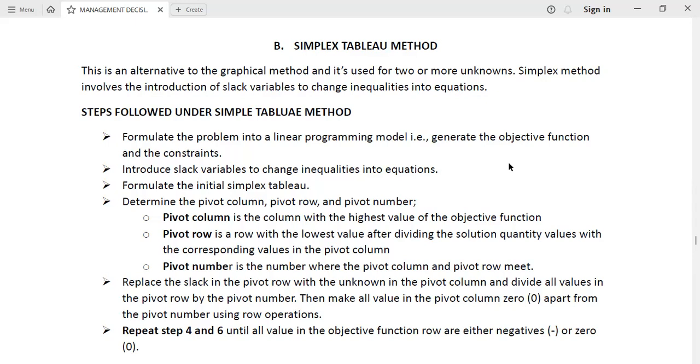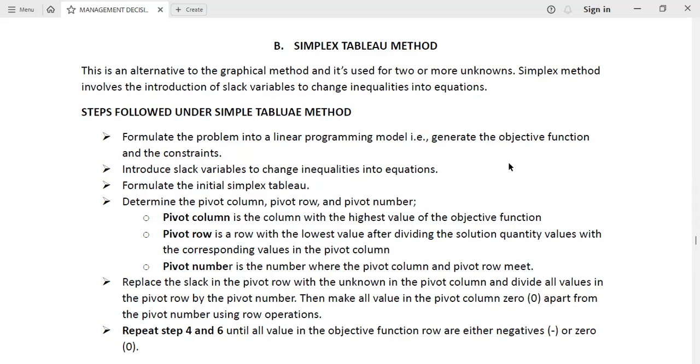The third step is to formulate the initial simplex tableau. In other words, we formulate the first table. That first table, we always get the information from our linear programming model, and we put all that information into it.